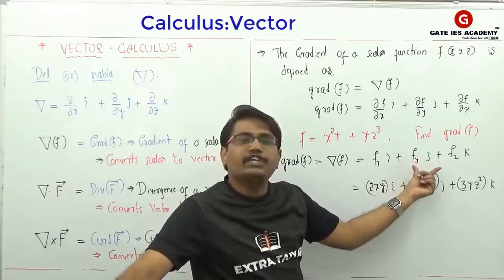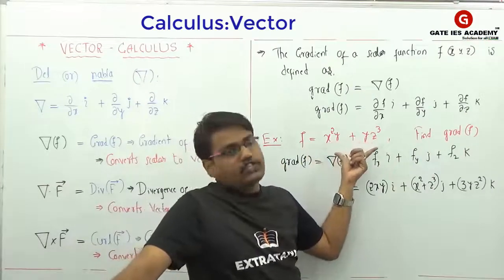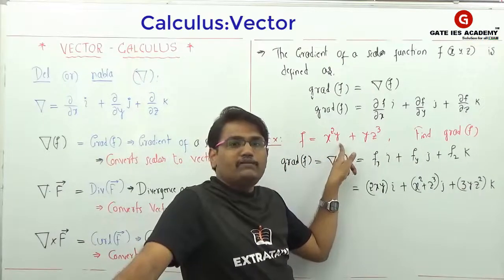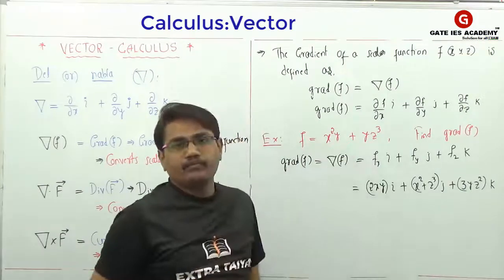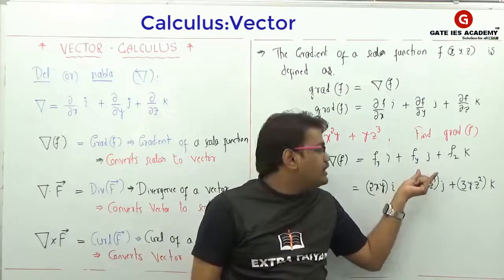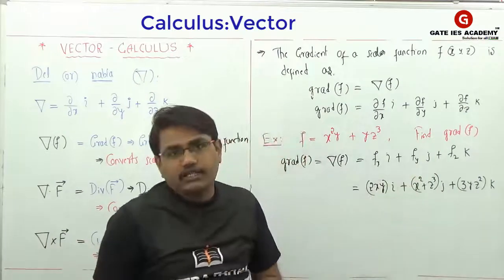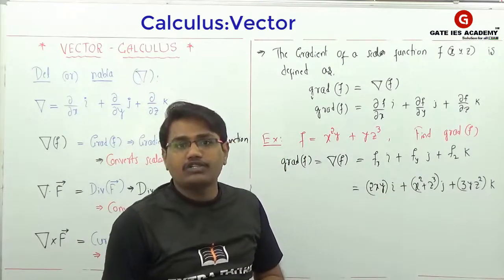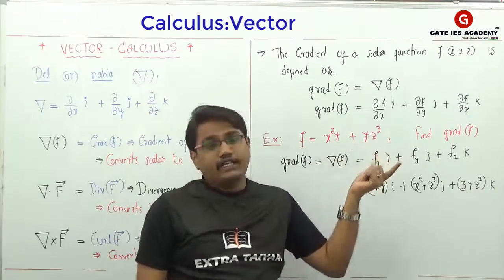Now f_y j. What is the differentiation of this function with respect to y? This becomes only x squared, because of constant into y. When I am differentiating with respect to y, the other variables, x and z, are treated as constants.